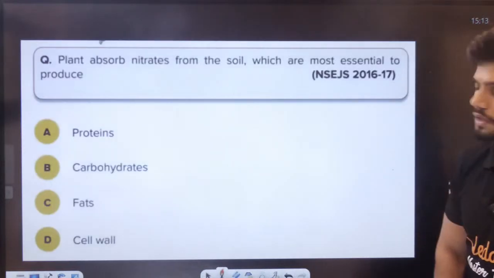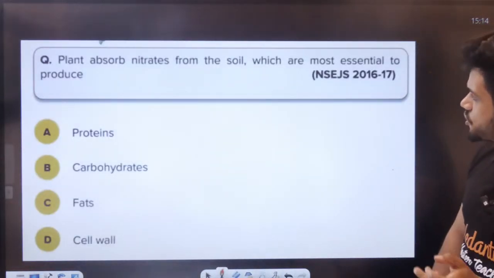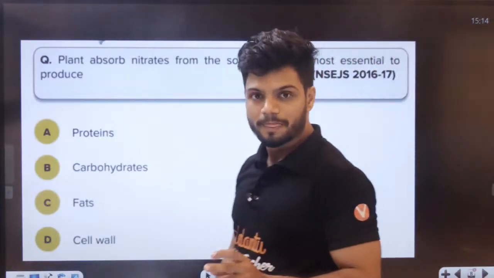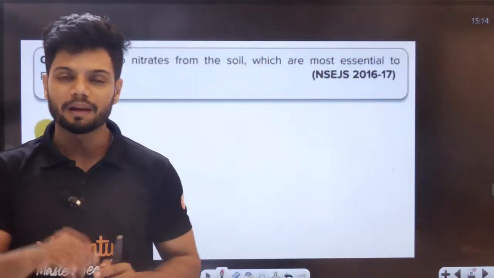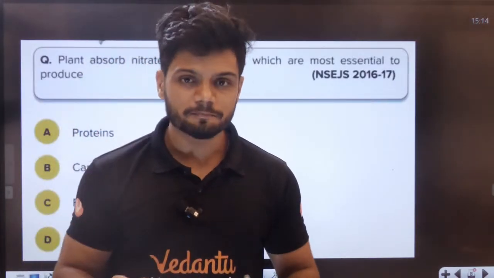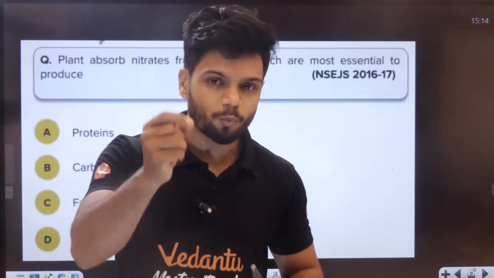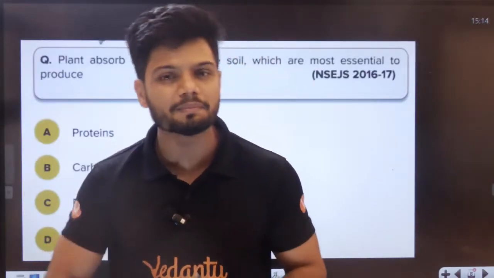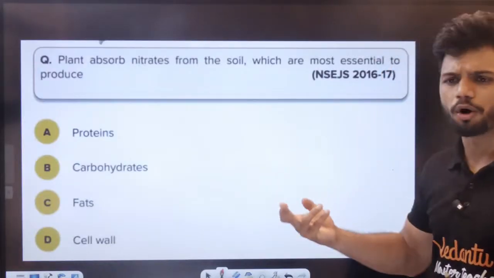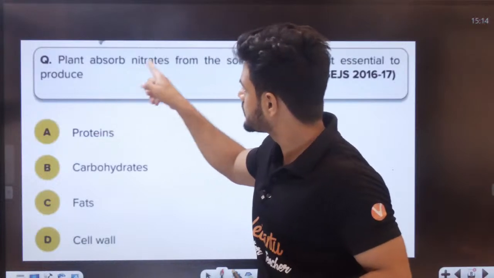Here: plants absorb nitrate from the soil, which is most essential to produce what? All of you might know the insectivorous plants, right? The plants which trap insects, the Venus flytrap, the pitcher plant. All of these plants capture insects for one specific type of element which is very important, that is nitrate.